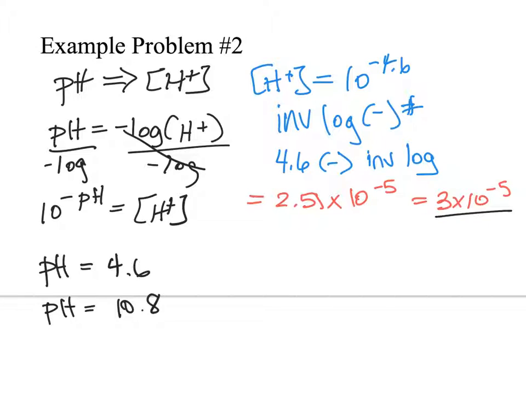Okay, let's look at the second example. Hydronium would be equal to 10 to the negative 10.8. So plug and chug. I'm getting 1.58 times 10 to the negative 11th.